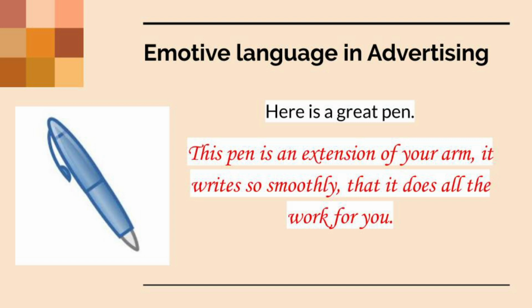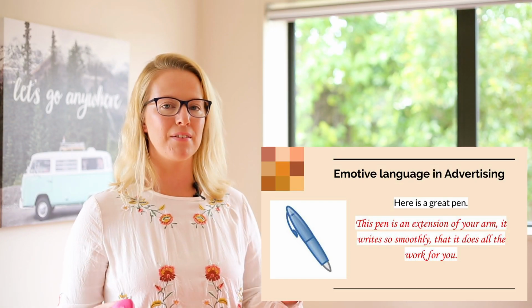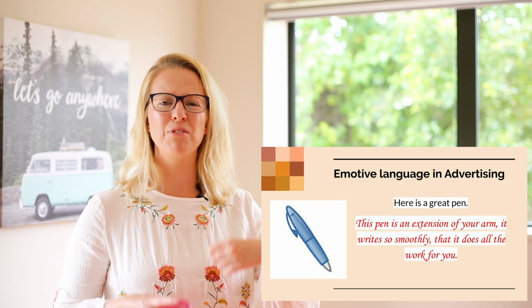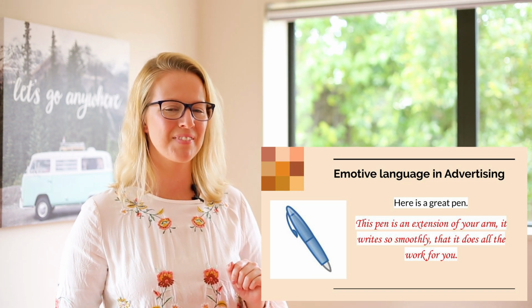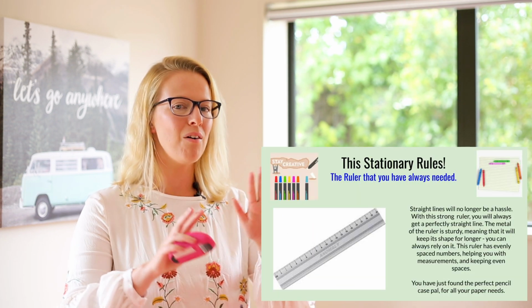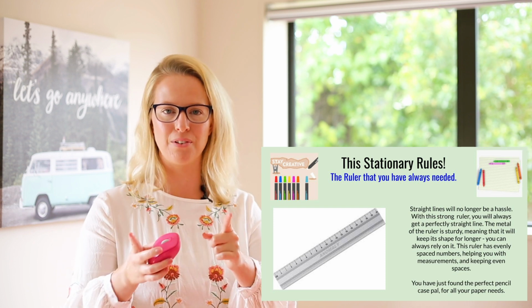Rather than just saying, "Here is a great pen," you could say, "This pen is an extension of your arm. It writes so smoothly that it does all the work for you." So that's making me feel like if I get this pen, I'm not going to have to do lots of hard work. The pen's doing it all for me. Wouldn't that be nice?